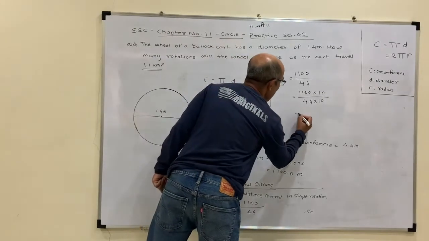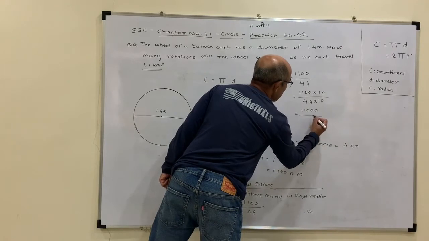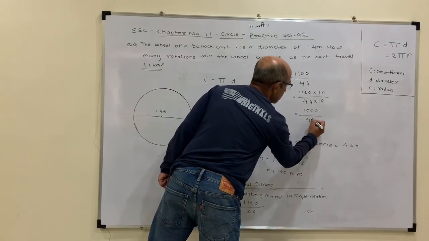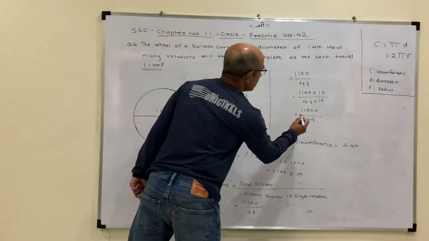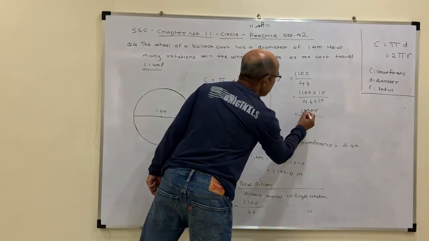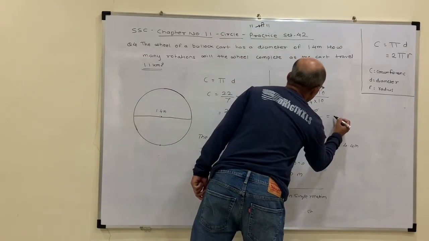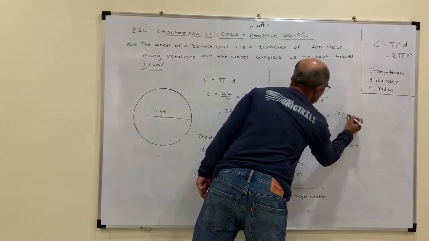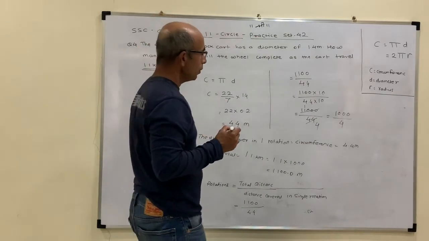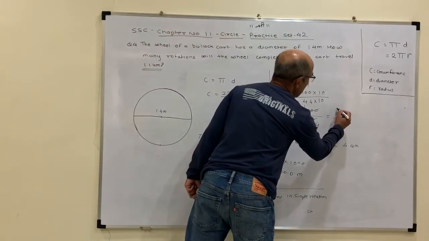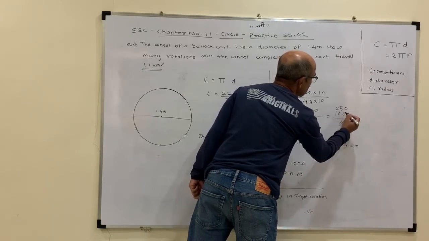So now I can get rid of this fraction. 4.4 into 10 is equal to 44. And now you can do here, 11 ones are 11, 11 fours are 44. So here it comes out to be 1000 divided by 4. Now 4 2s are 8, 4 5s are 20 and this 0.